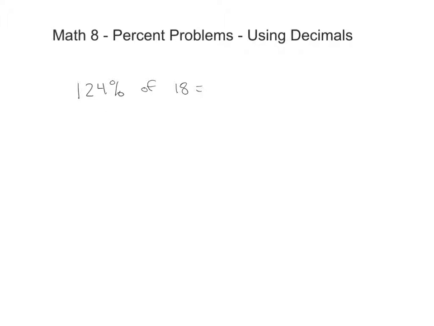The first thing we want to do is change this 124% into a decimal. I'm going to go over to the side here and think about this for a second. 124%, remember percent means out of 100. So remember our place values.